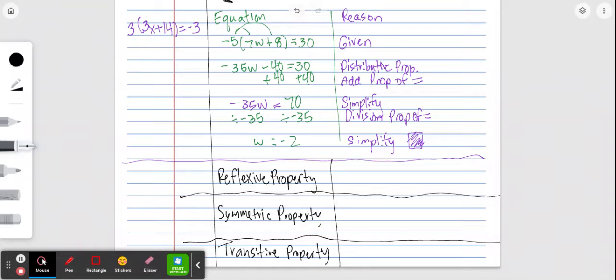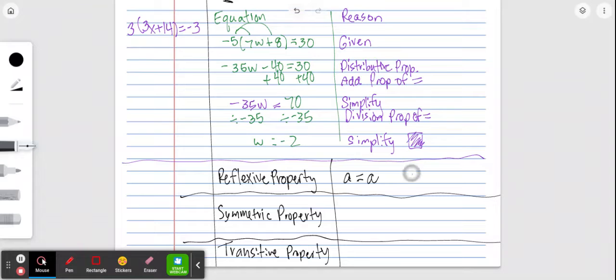So the reflexive property says that something equals itself. So if you have a side length, it equals the same side length.